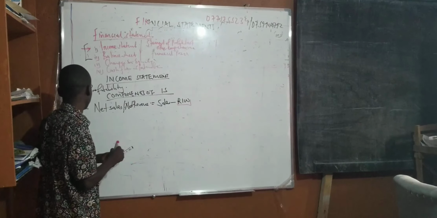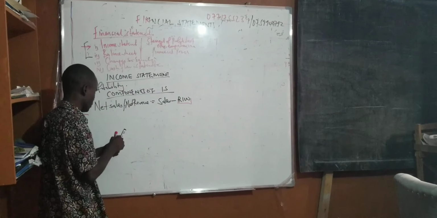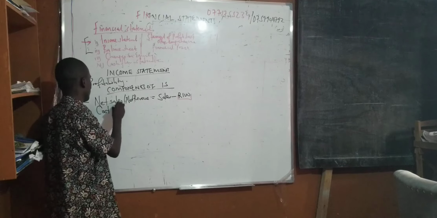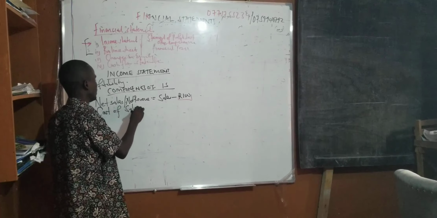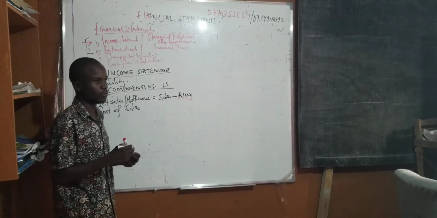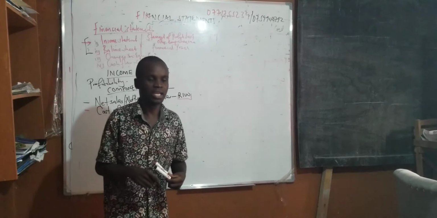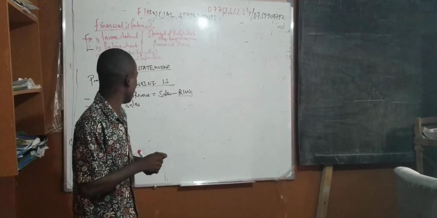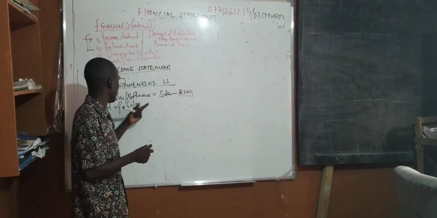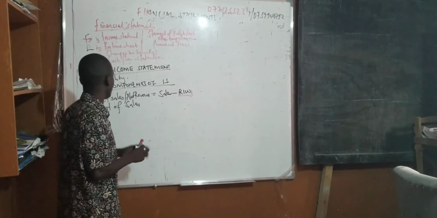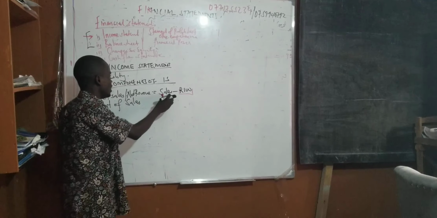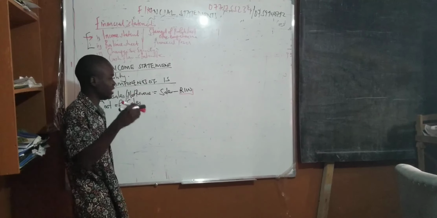Another component is cost of sales. What is cost of sales? Cost of sales refers to the amount of money used by the business to purchase what was sold, incurred in obtaining what was sold. The goods you sold, how much did they cost?